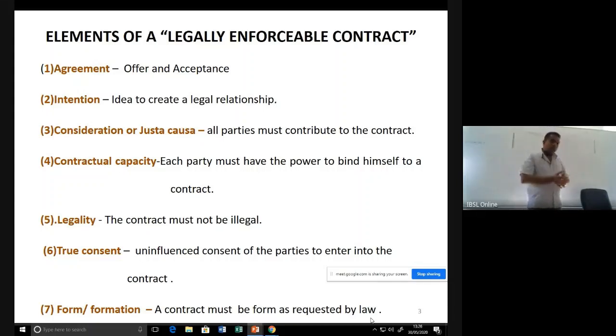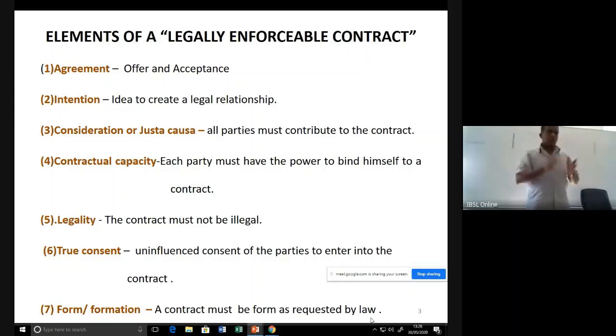If these 7 elements are there in the contract, that contract is legally enforceable. Otherwise, the contract is there, but the contract is not legally enforceable. Clear, everyone?